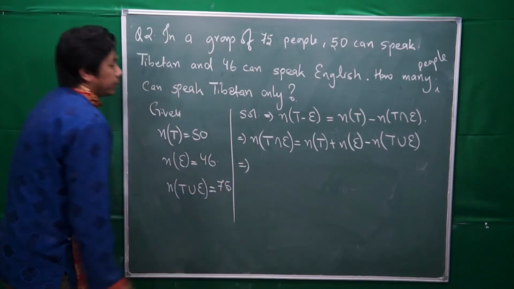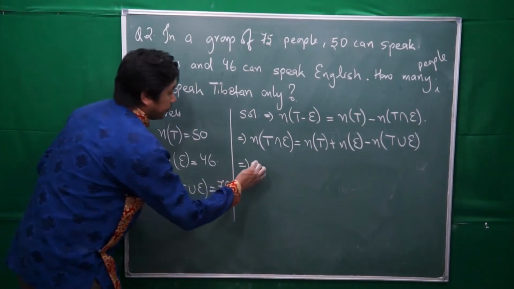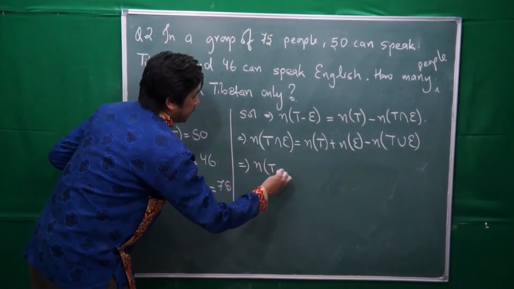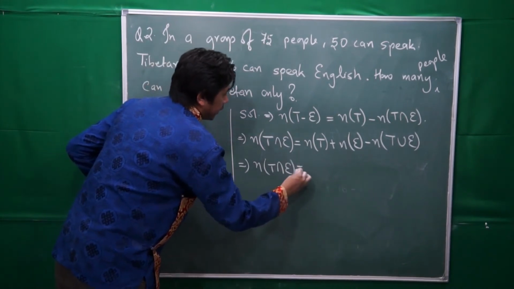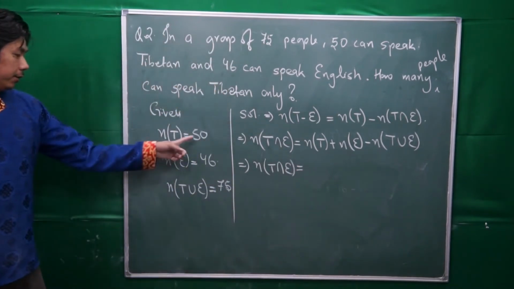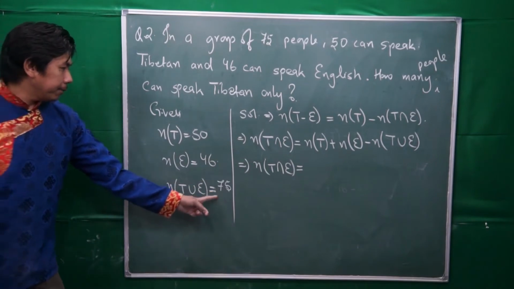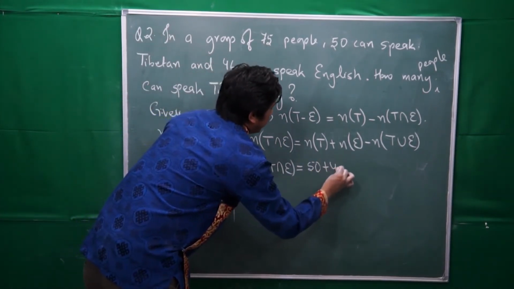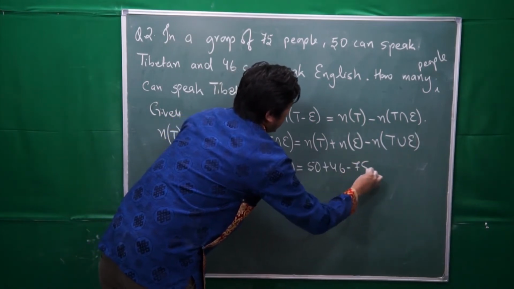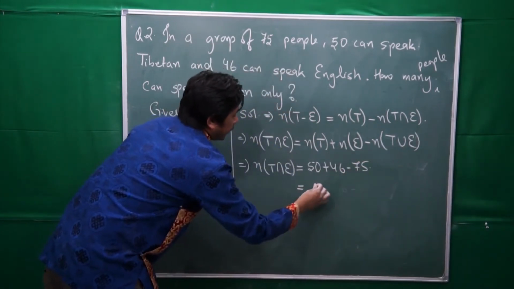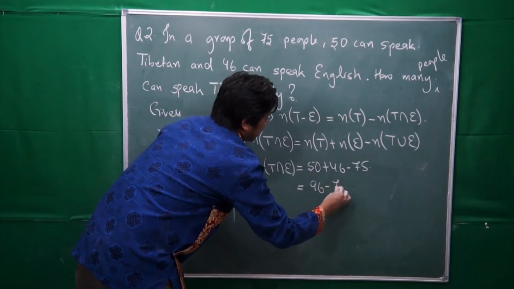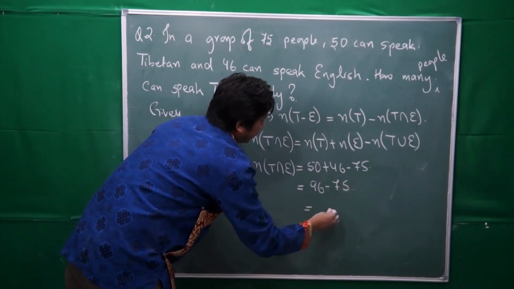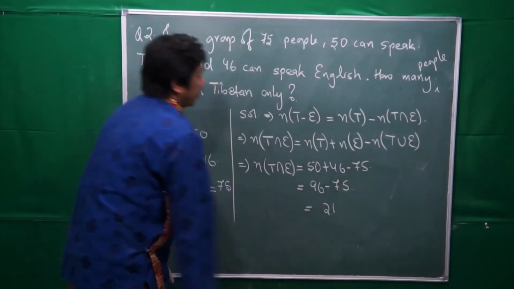So this should be equal to 50 plus 46 minus 75. 50 plus 46 is 96, minus 75. You have 21.